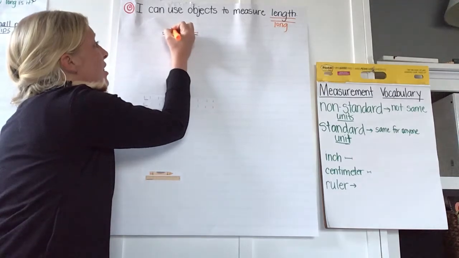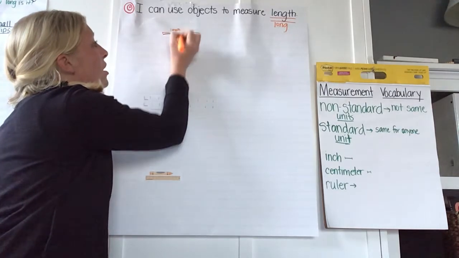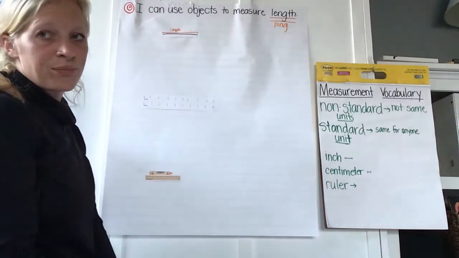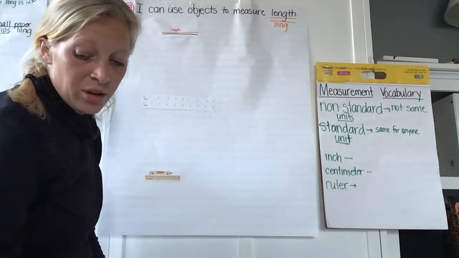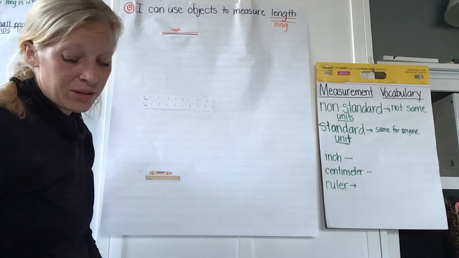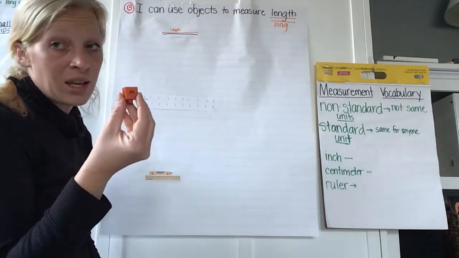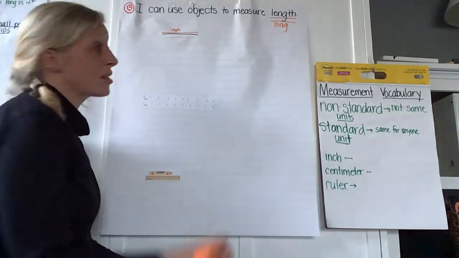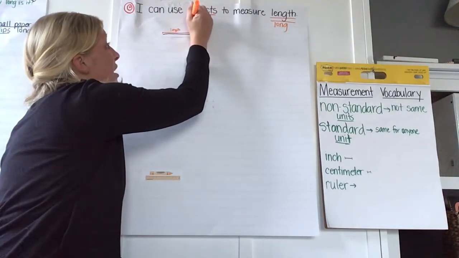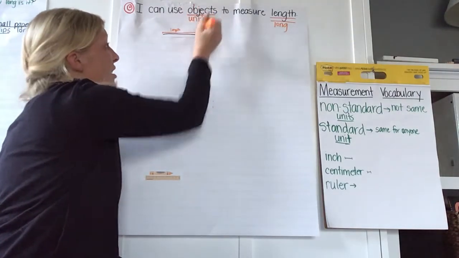That's its length. We're using objects. We're not using today our tiles. We're not using any erasers. We're not using any big cubes to help us measure this today. Our objects are going to be our units of measure we're going to use today.